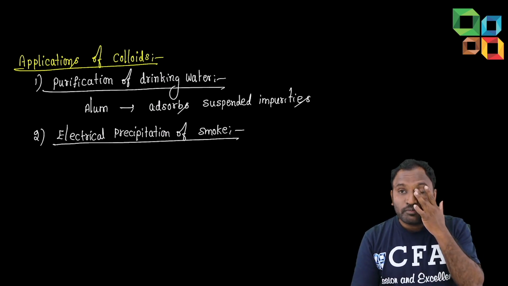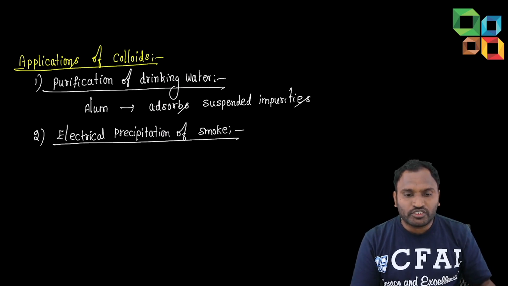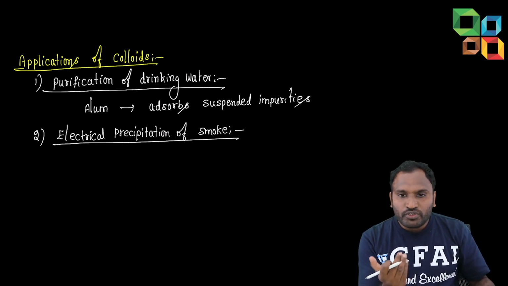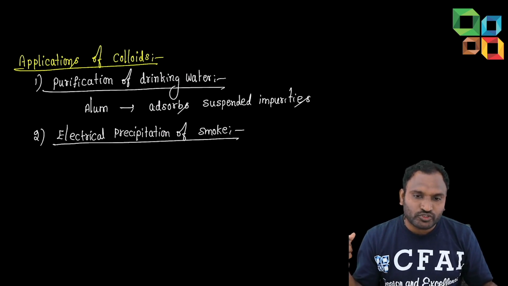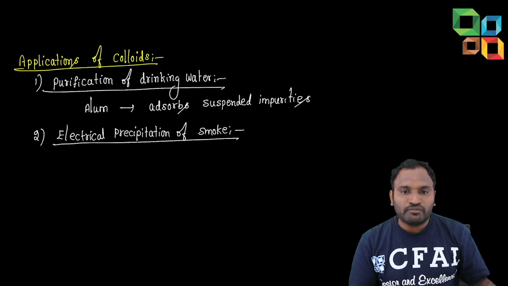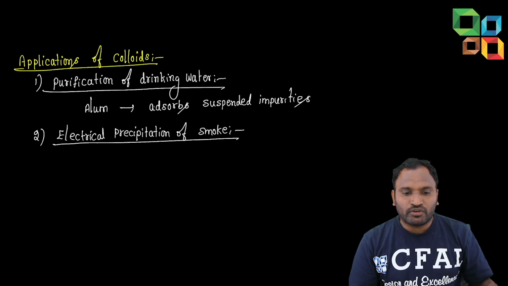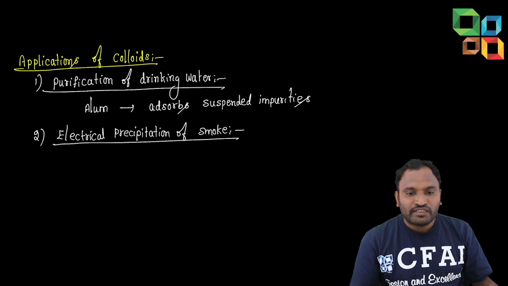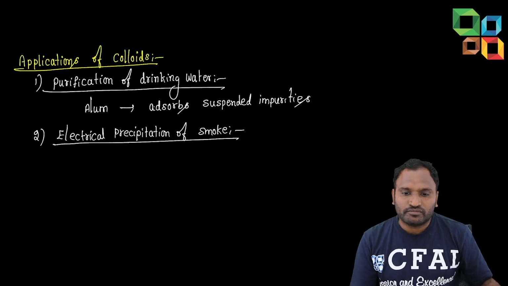If we keep some charged plates in the chimney or pipe, then impurities that carry positive charge will meet negatively charged plates, so they will be coagulated there only and settle. We can control the pollution in that way.